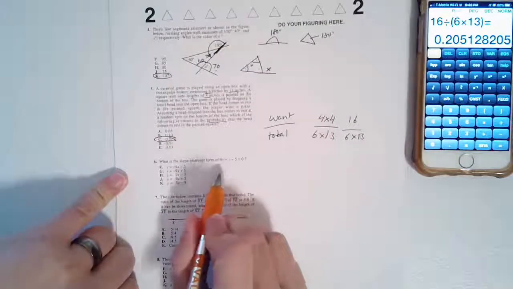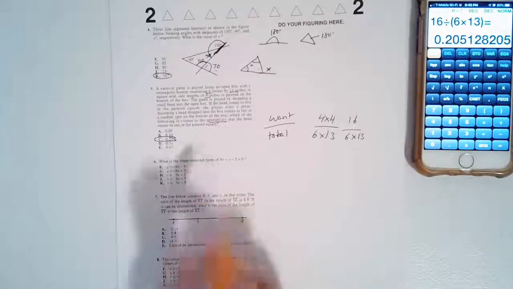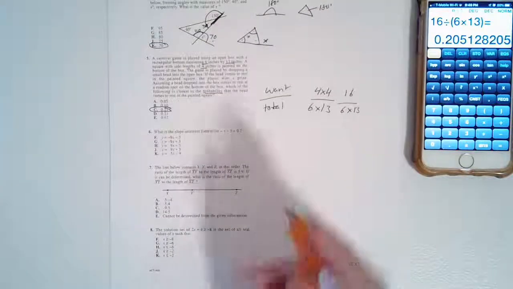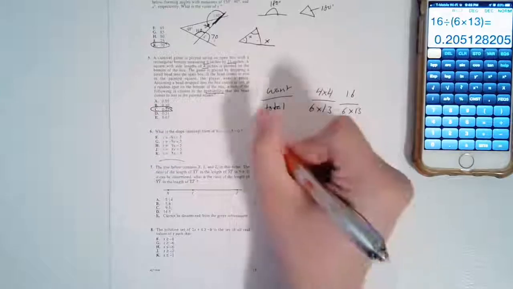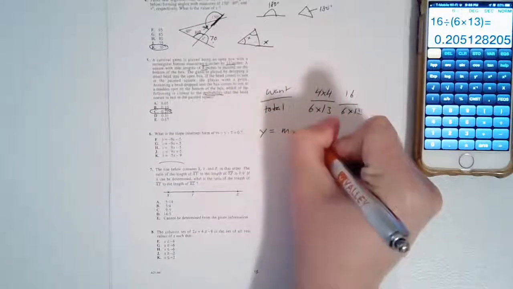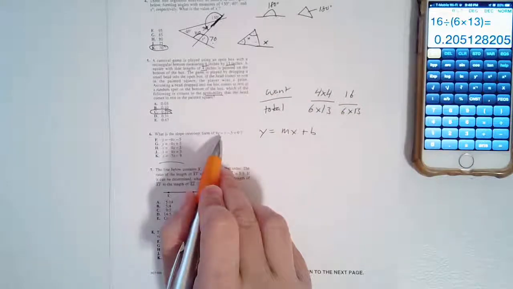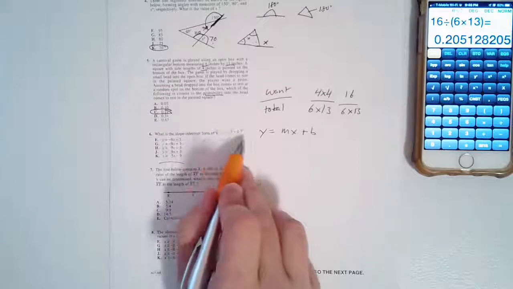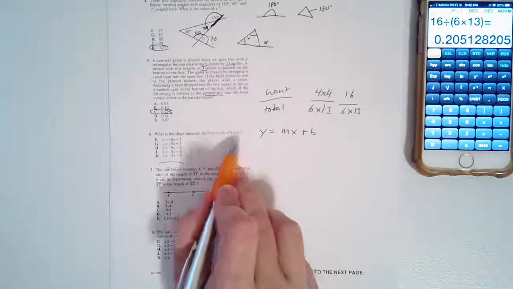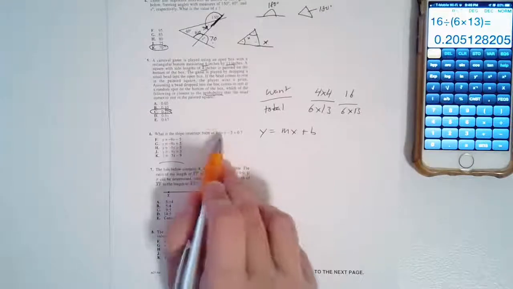What is the slope-intercept form of 9x minus y minus 5 equals 0? Remember, for slope-intercept form, oh, there it is right there. We want y equals some number times x, plus some other number. So we have two options here. The one is you can subtract the 9x over and add the 5 over, and then you're left with negative y, so you would have to times everything by -1.